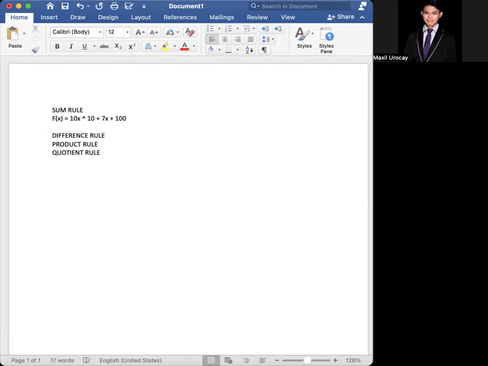So what will be the derivatives of each of the cases? For example, we have 10x to the power of 10. What is the derivative of that?